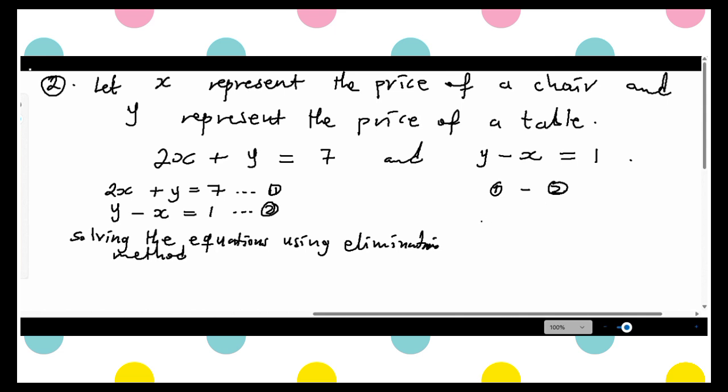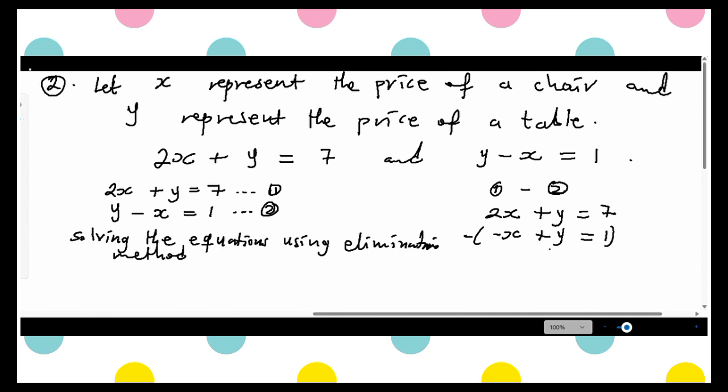Okay, then equation 1 minus equation 2, we have 2x plus y equal to 7. Then let me rearrange the variables: minus x plus y equal to 1. But it is actually the same, right?